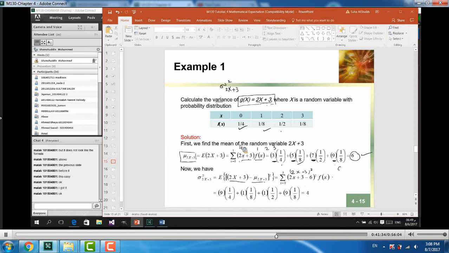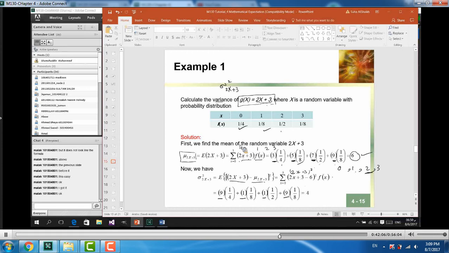At the 1, it is 2 times 1, minus 3, which is minus 1 square, 1. At the 2, 2 times 2, 4, minus 3, 1 square, 1. At the 3, it is a 9 you will get. And the fx of course is the values 1 over 4, 1 over 8, 1 over 2, and 1 over 8. Add everything, this gives you the 4.